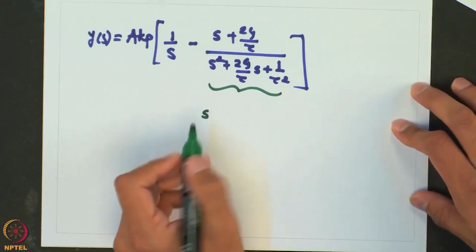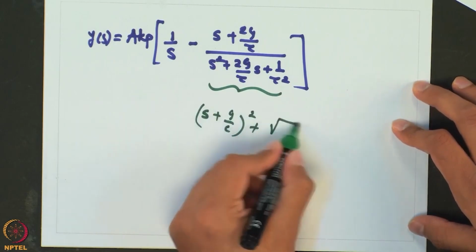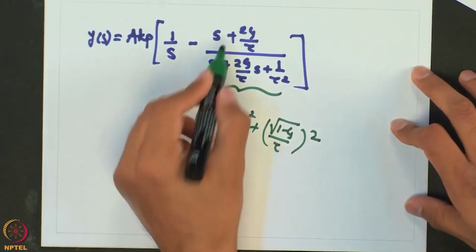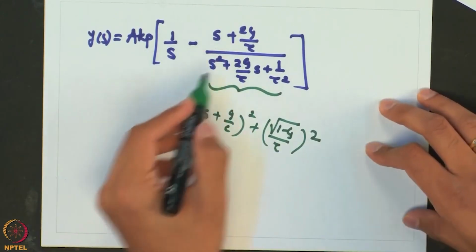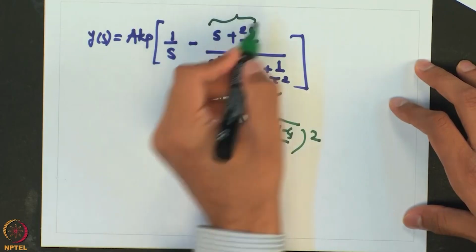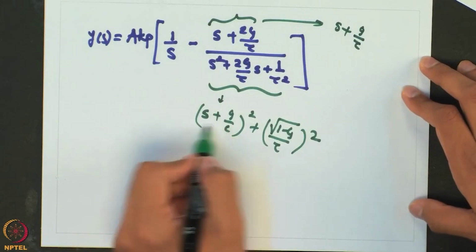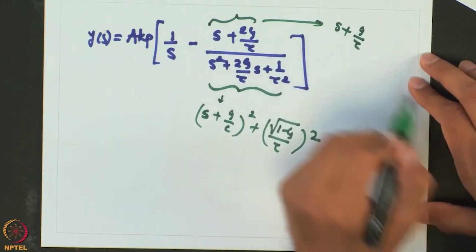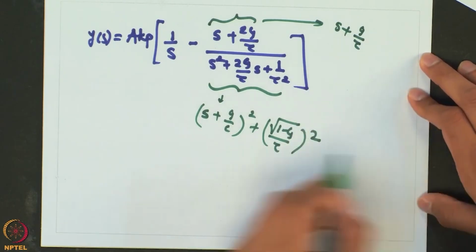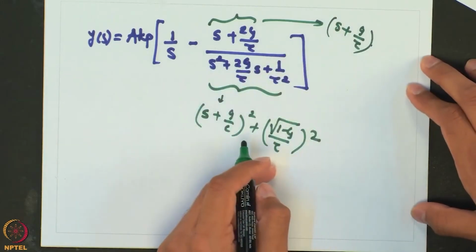So, we will write the denominator as (s + zeta/tau)^2 + (root of 1 minus zeta^2 over tau)^2, and the numerator we will try to write as s + zeta/tau, which is similar to this, and the other term we will try to write in terms of root of 1 minus zeta^2 over tau.